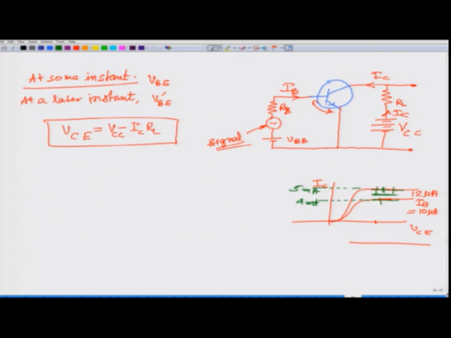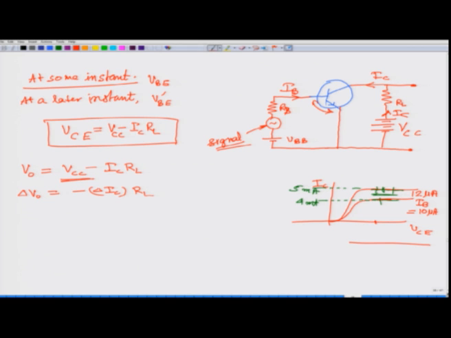What will happen to the output voltage? The output voltage VO, this VCE is the output voltage if I am taking voltage from here. So, this is VCC minus IC RL, and the change in output voltage will be minus delta IC times RL. This battery voltage is the same.